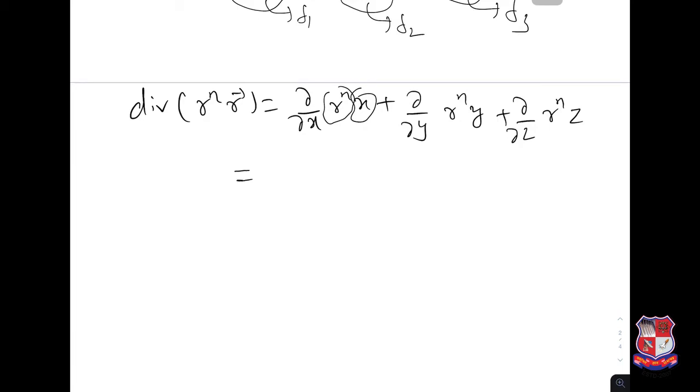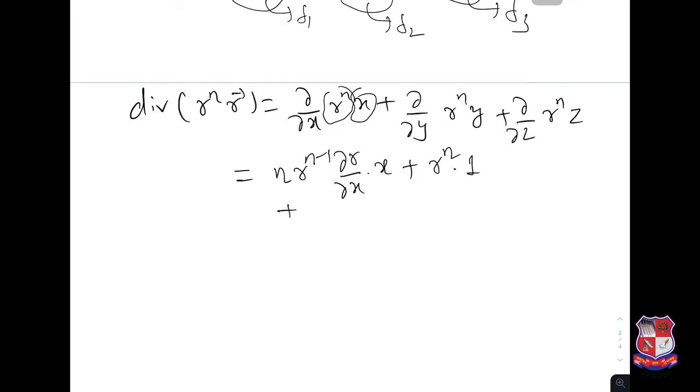So let us take the derivative of r power n with respect to r. So n r power n minus 1 into del r by del x and x as it is, plus r power n as it is, derivative of x is 1. Same for y, same for z.